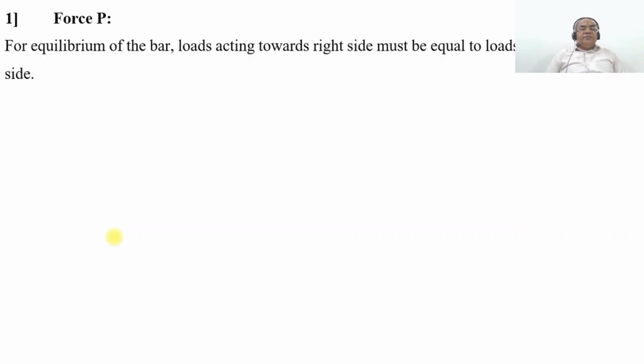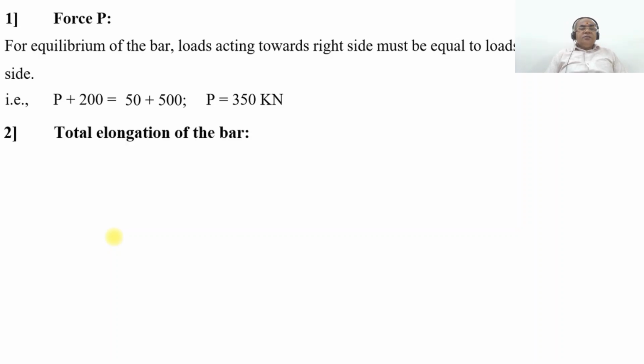Now we take up the force P. For equilibrium of the bar, loads acting toward the right must be equal to the loads acting toward the left. So P plus 200 will be equal to 50 plus 500. So P is equal to 350 kilonewton, which we already explained. Now we want the total elongation of the bar.